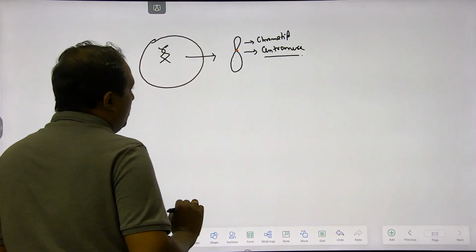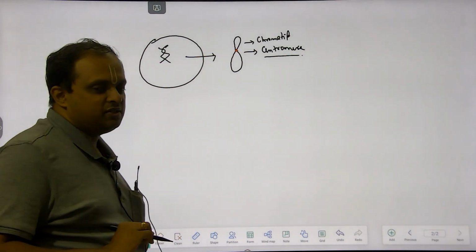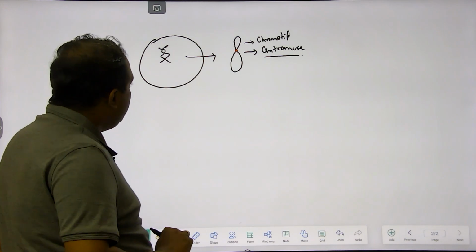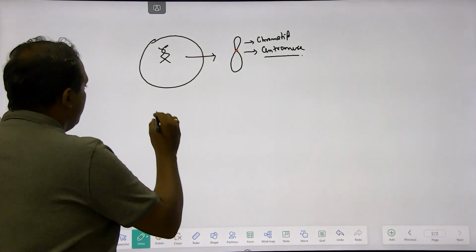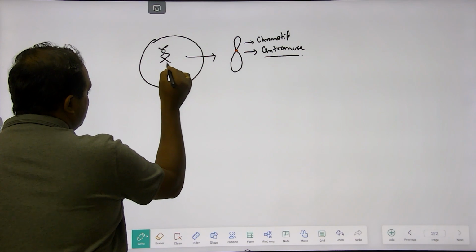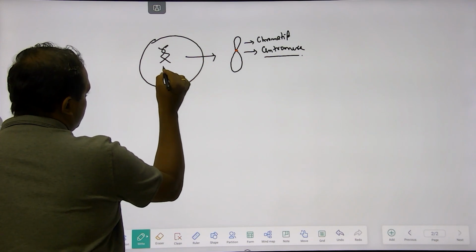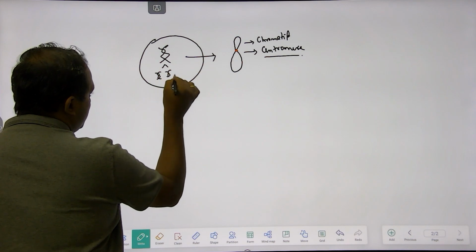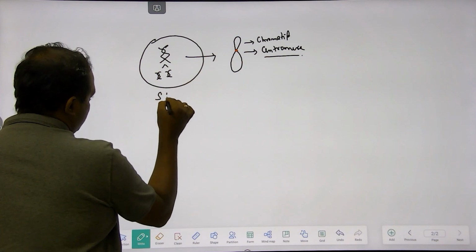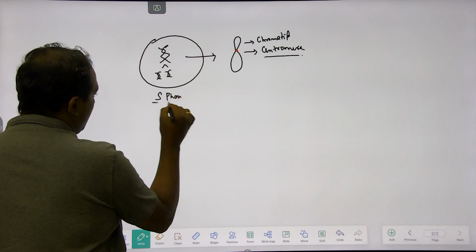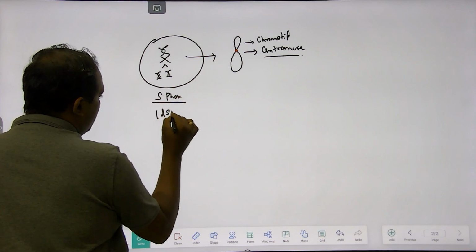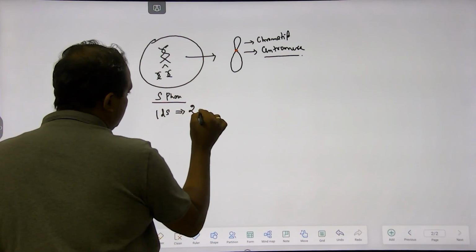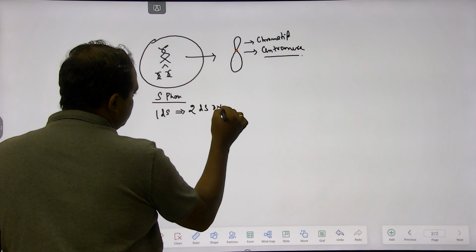Right? Now what happens, friends, in the synthetic phase of interphase, we have seen that DNA replication happens. So from one double-stranded DNA structure, you get two such structures. So in S phase, one double-stranded structure is going to duplicate into two double-stranded DNA.